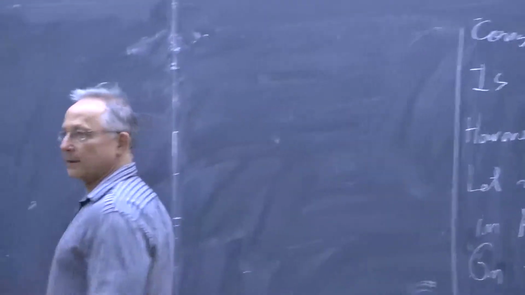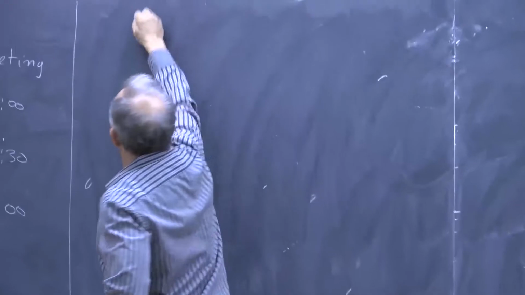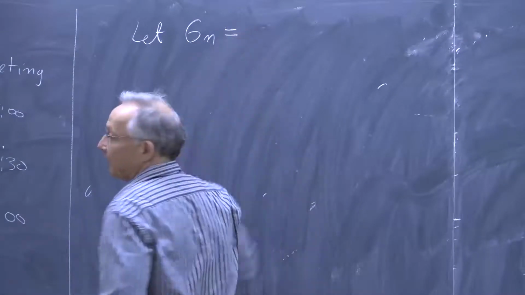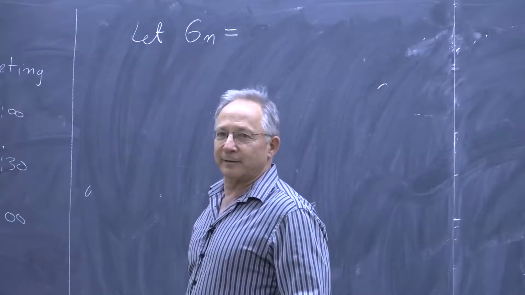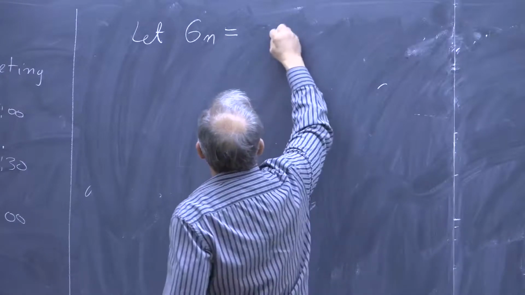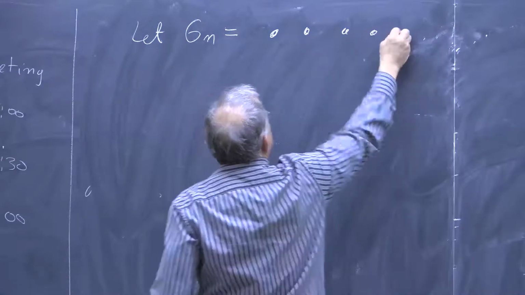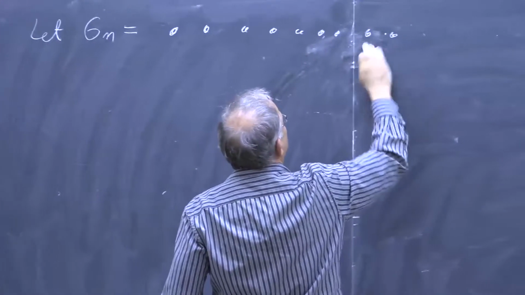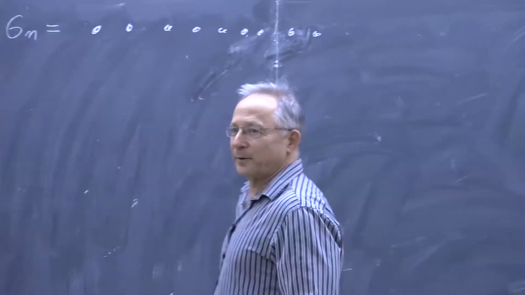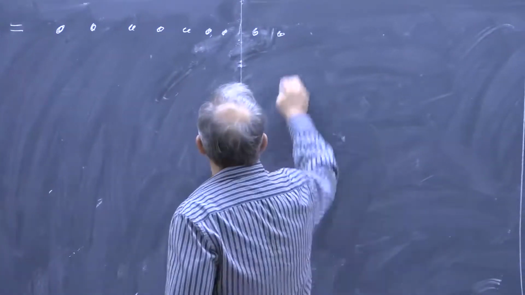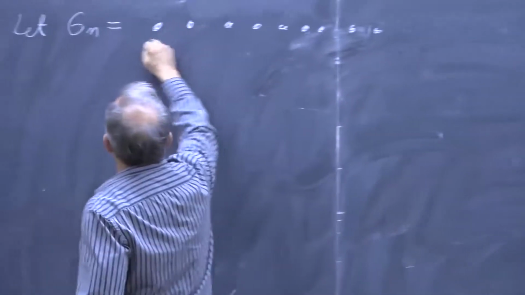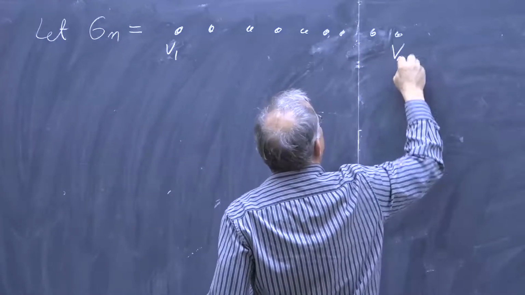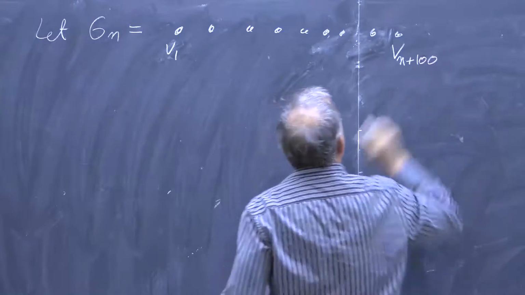So let Gn be, I can either draw it or I can define it formally, but it is just going to be a set of, say, just to make sure that I'm not getting into my +1, -1 problem, V1 up to Vn plus 100.